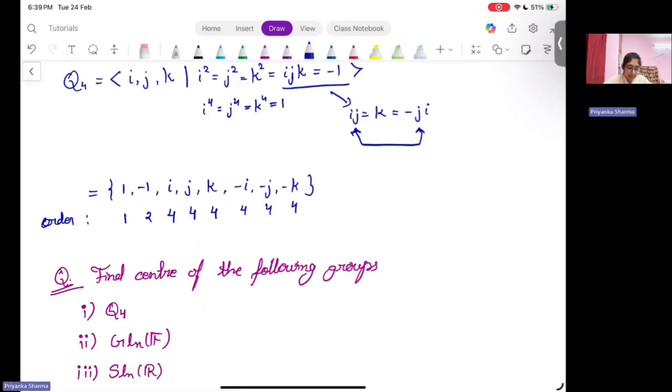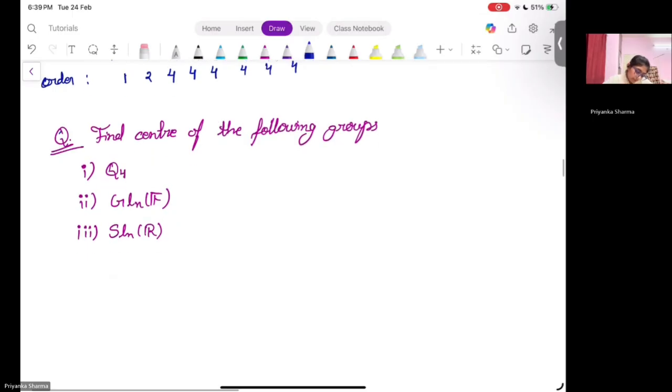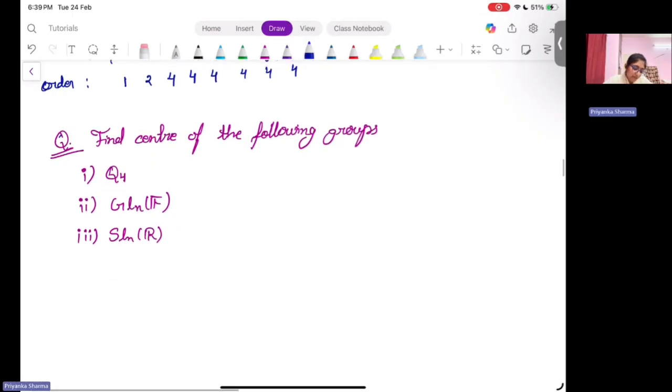It means it has a unique element of order 2, a unique element of order 1, which is obviously the identity element, and it has 6 elements of order 4. Now, we have the definition of center, and we know that it is a subgroup, normal as well.